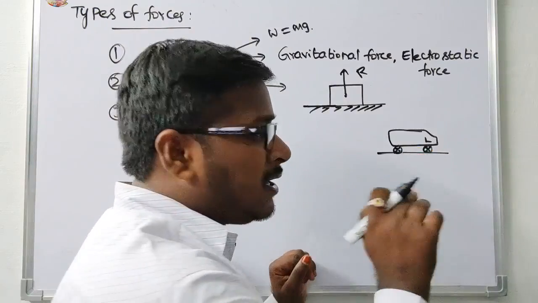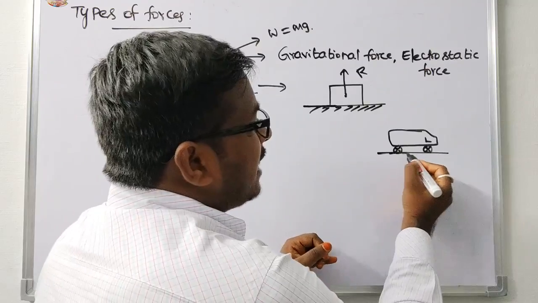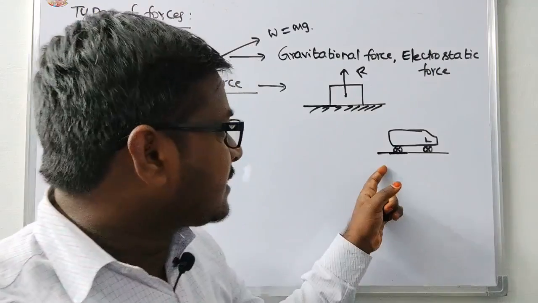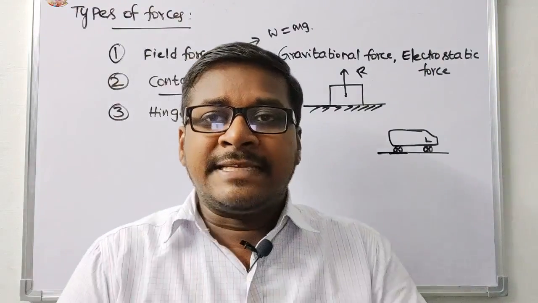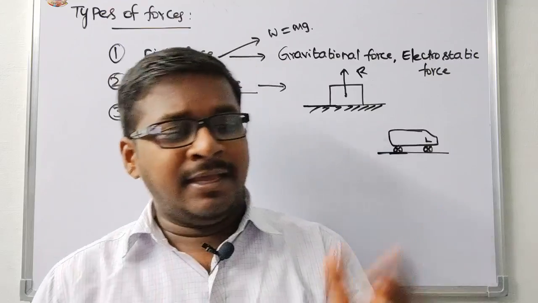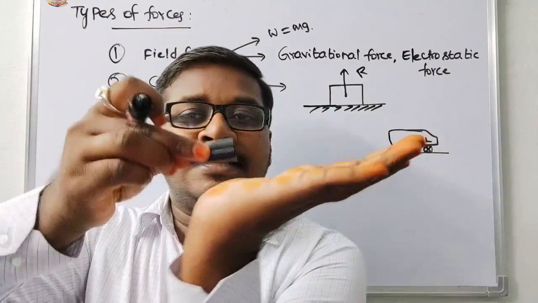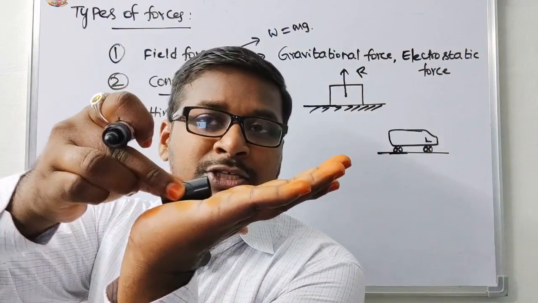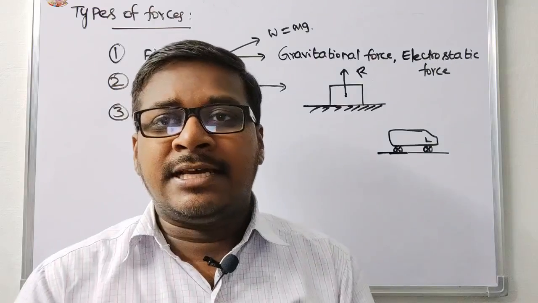The bottom of the car tire and the road surface are in physically direct contact with each other.